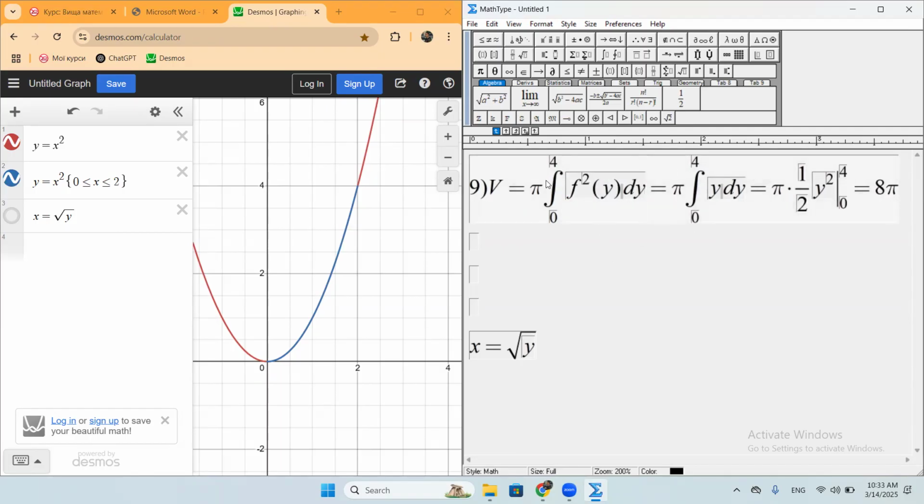Because we calculate the volume of a rotation body, f of y equals the square root of y, so f squared equals y. Have I answered your question? Yes, thank you. Okay. More questions?